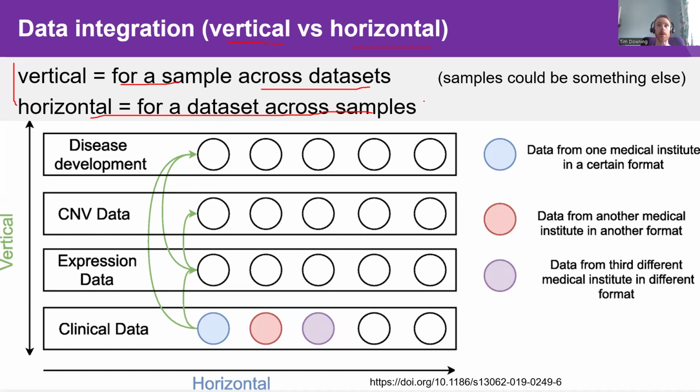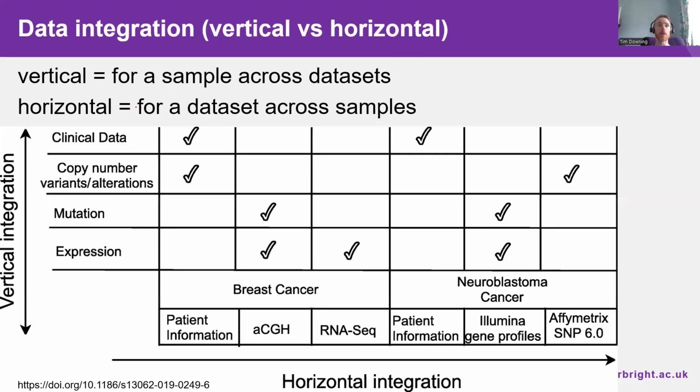We're used to dealing with data in a horizontal format, but linking it across different data sets can be challenging at times. You can see another example here where we have vertical integration across different subsets of data. We want to integrate across the samples or animals we're looking at.